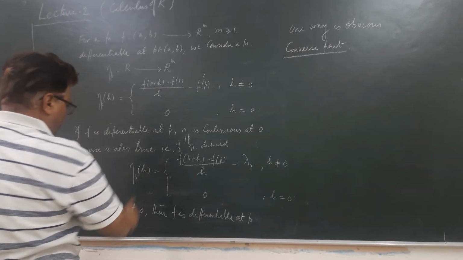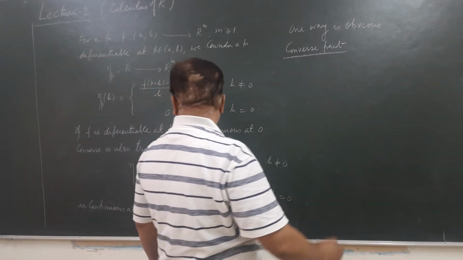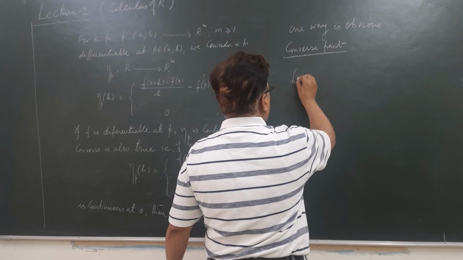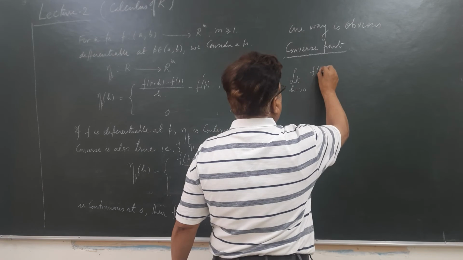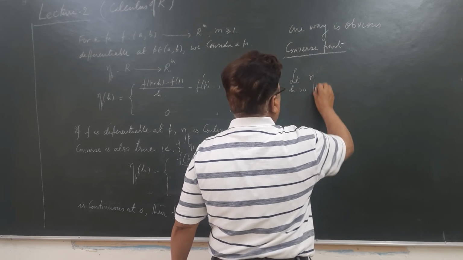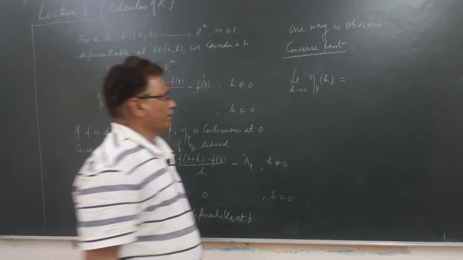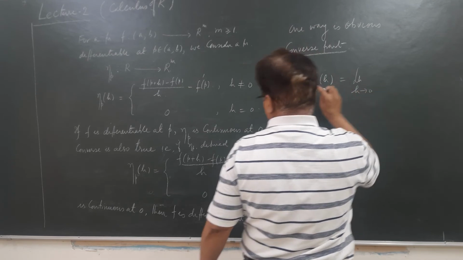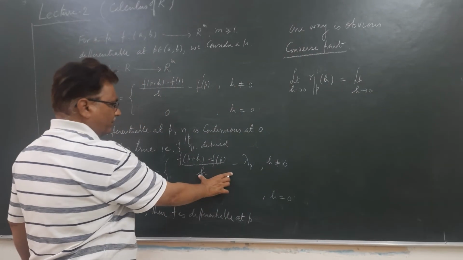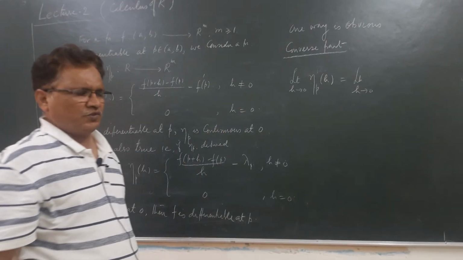I have to start from here. Suppose I am given a continuous function eta p defined in this manner. So I have to consider the limit of eta p(h) when h tends to 0. Look at the definition of eta p. It is defined like this whenever h is non-zero, and since you are taking a limit, h is non-zero.